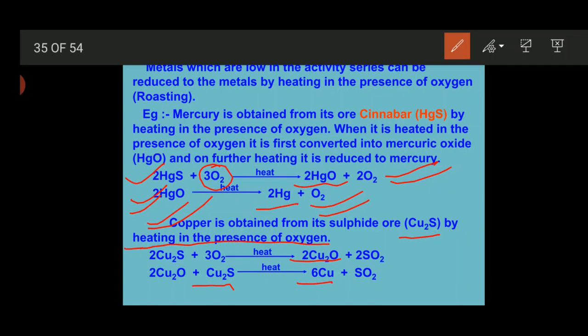What is the self-reduction method? Just try to understand this. Basically, at the time of conversion of sulfide ore into oxide ore, not all the sulfide ore gets converted into the form of oxide ore. Suppose 99% of copper sulfide is present, and it gets converted into 98% cuprous oxide.